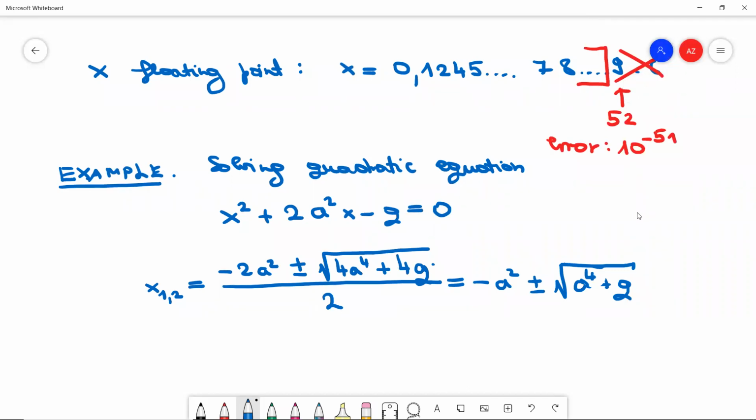And then the problematic operations become subtraction or addition of numbers which are almost the same. Why? Because when we subtract such numbers, the part which is not omitted is almost the same, so we get zeros on these decimal places.